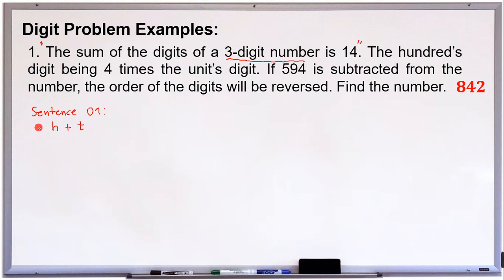Do not put 100 here because we are talking about the individual digit, not the value of the number. So H plus T plus U is equal to 14.